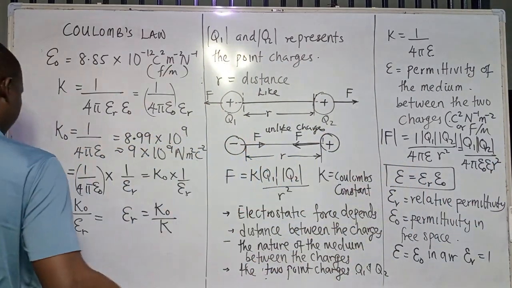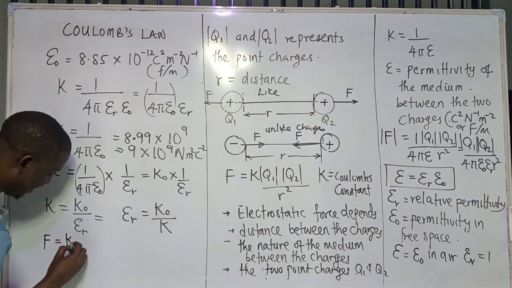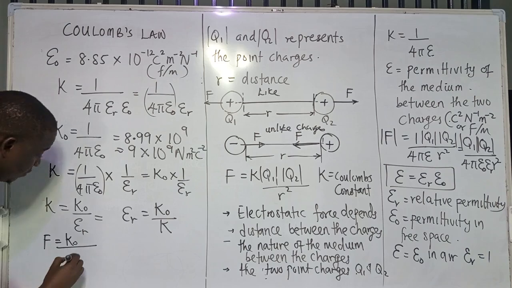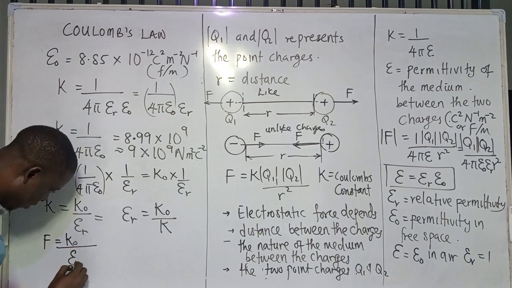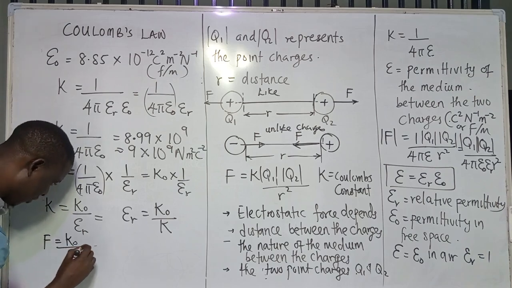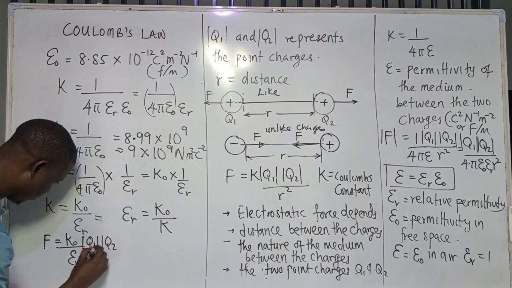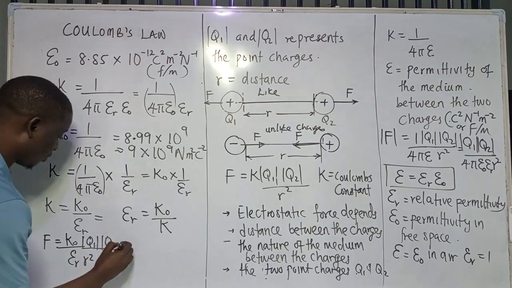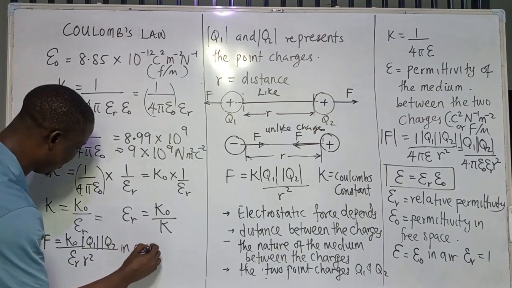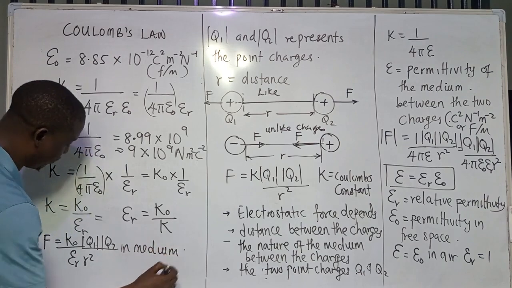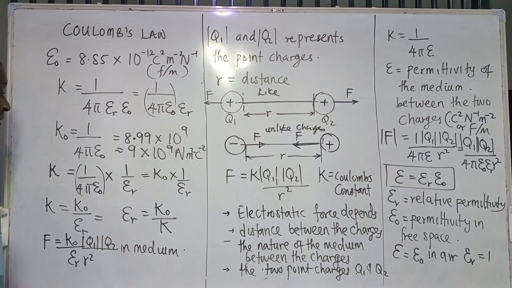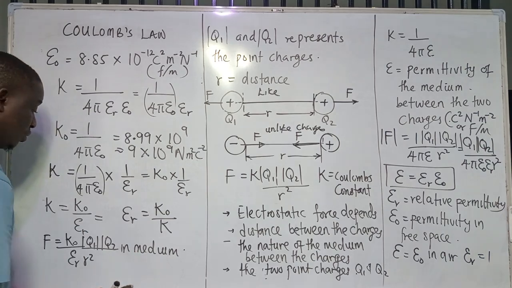Instead of writing it that way, you can actually write it as K naught over epsilon r, then times r square, then we have Q1, then Q2. That is the formula. This one is in a medium. Don't forget, when it is in a medium, this is the formula to use.